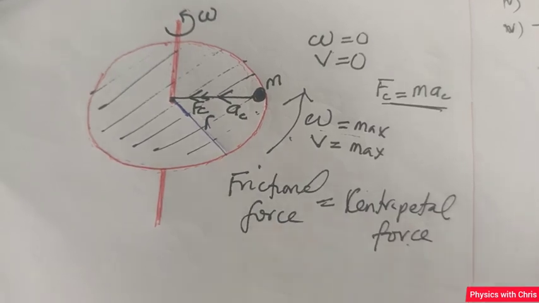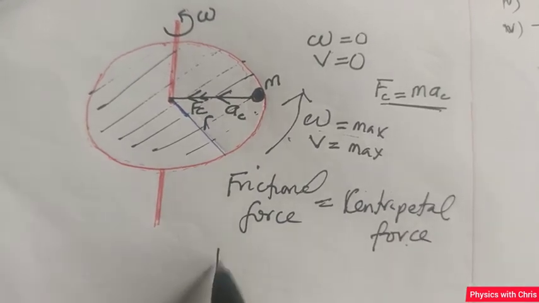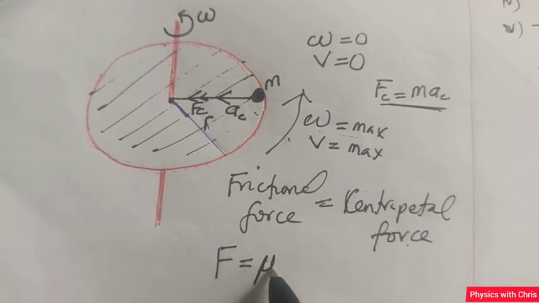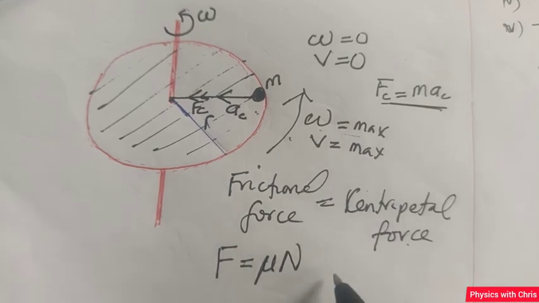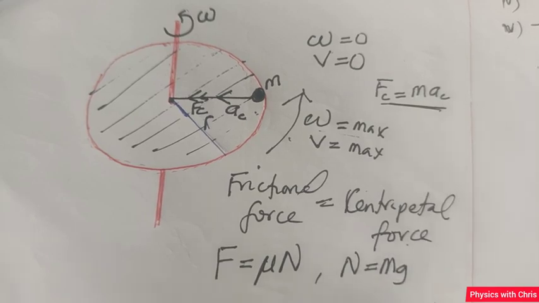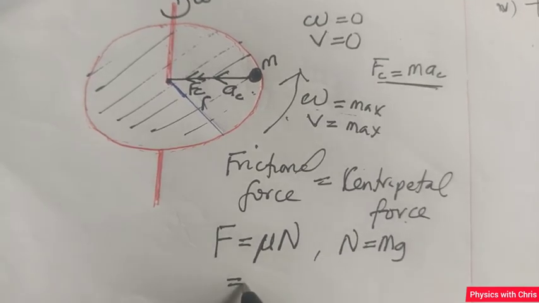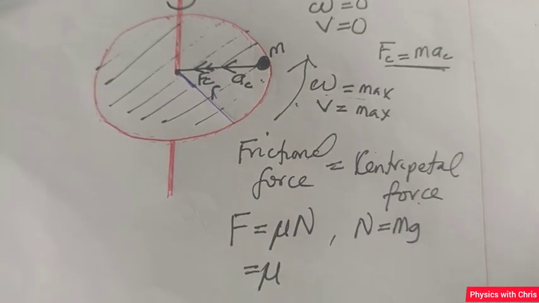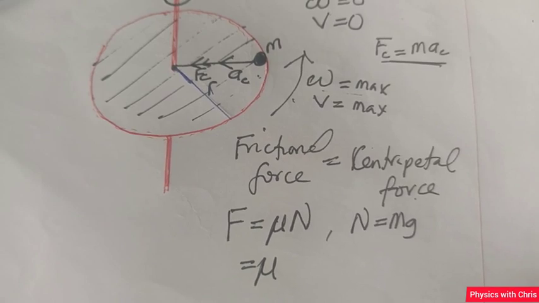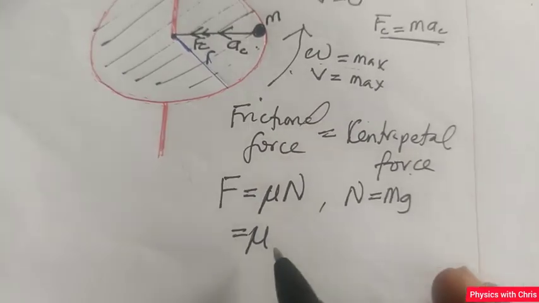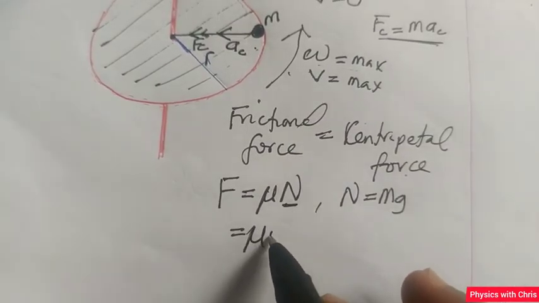So we can say that the frictional force F is equal to mu multiplied by the normal reaction, because this normal reaction N is the same thing as the weight of the mass m. Mu is the coefficient of frictional force. Of course, you know from the laws of solid friction that the force of friction is directly proportional to the normal reaction. So that gives you mu, and my normal force is mg.